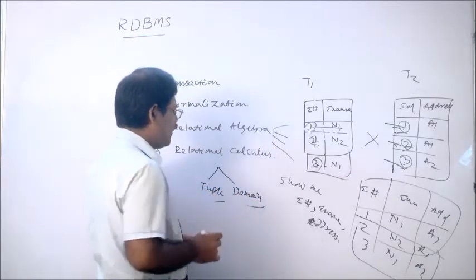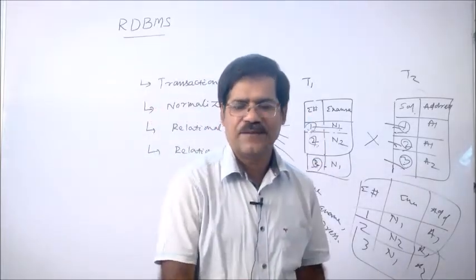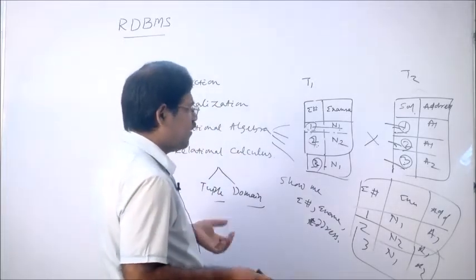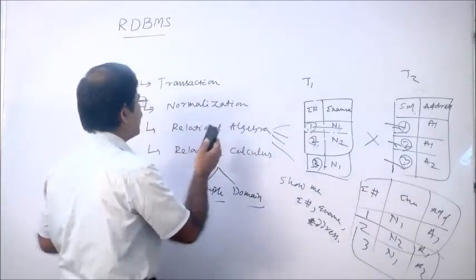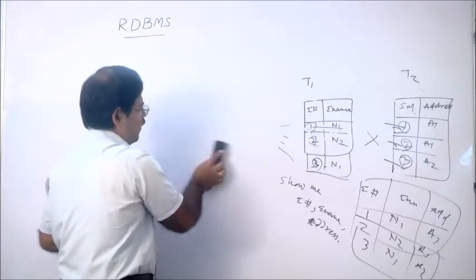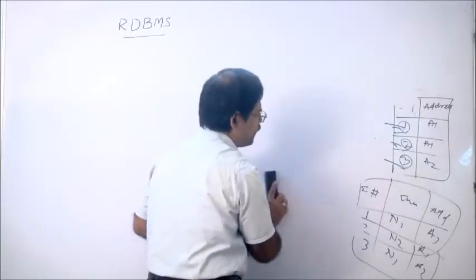These are the different calculus also used in RDBMS. There are different concepts, but it is not possible to cover all of them. So, this is the basic overall concept we use in RDBMS, that is not present in DBMS.